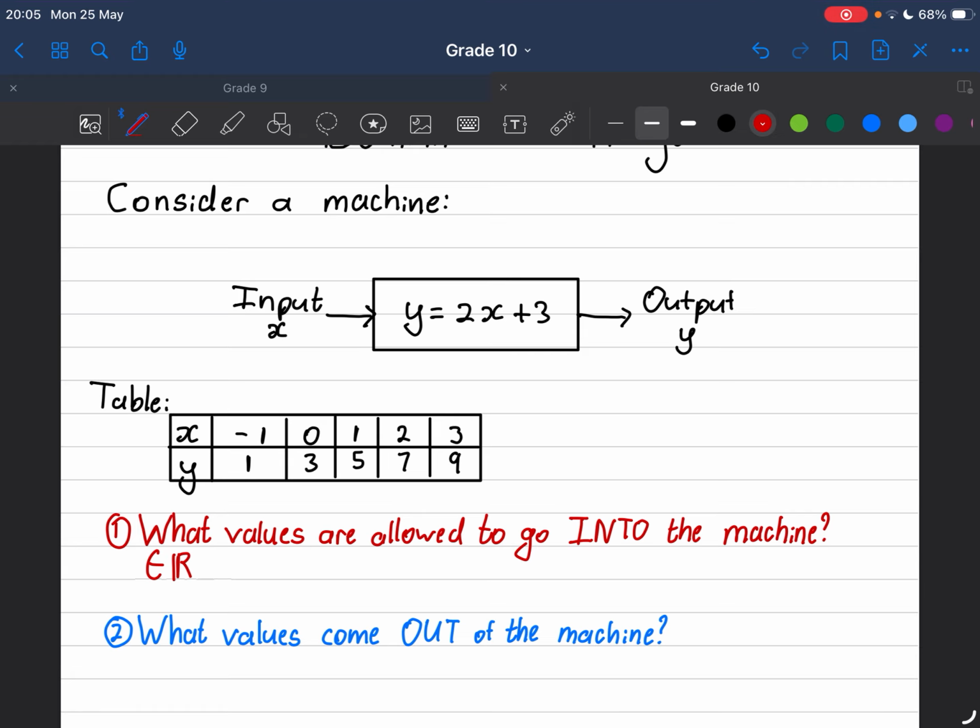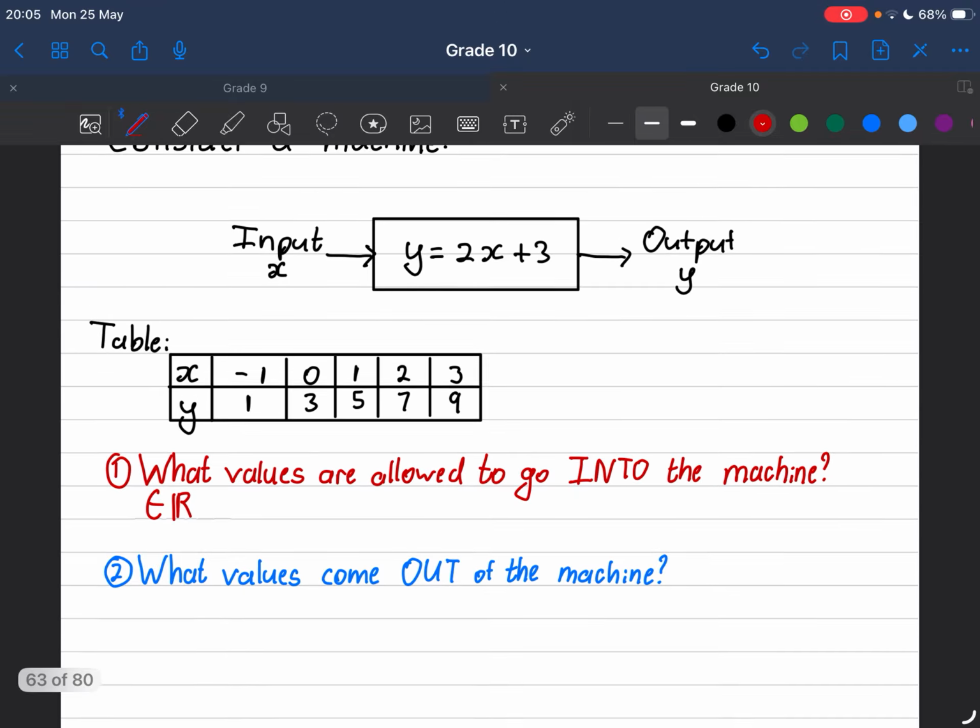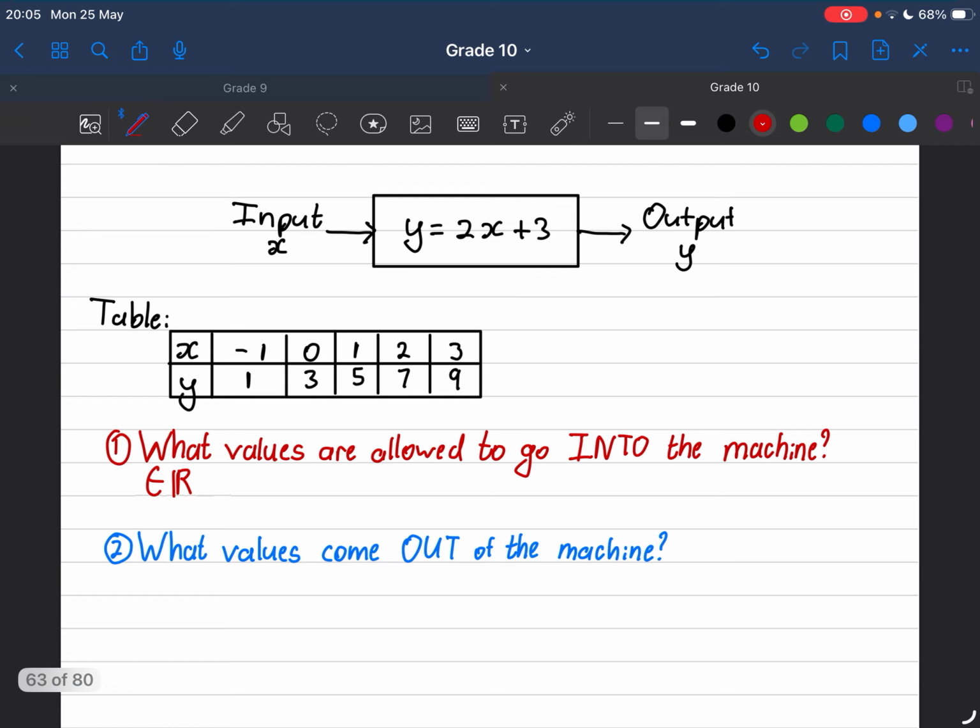The second thing is, what values can come out of the machine? So in this case, again, it's everything. If I can change the input and get different outputs, I can get any number, right? So if I put 1, I get 5.